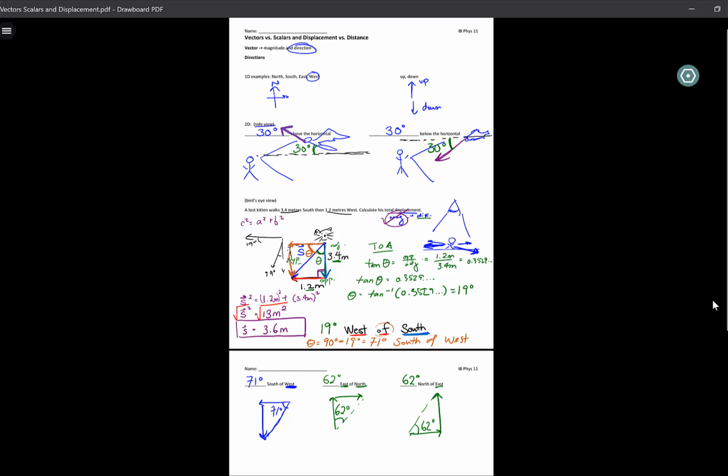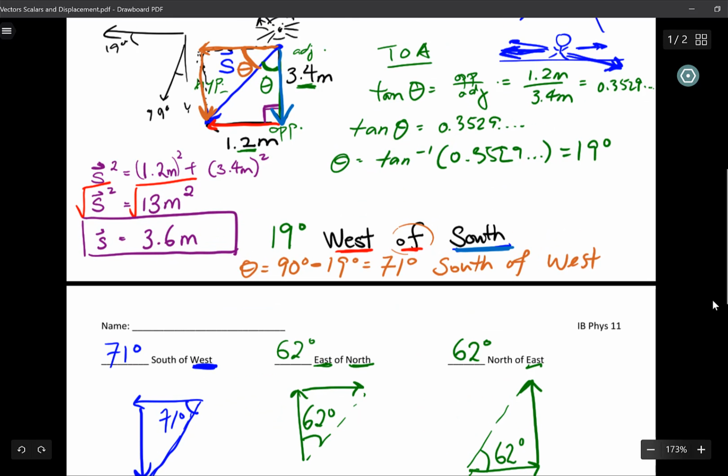The other one is looking at 2D, where the plane of movement is parallel with the ground. So what that means is your eyeball is in the sky and you look down at whatever is moving below you, and you're describing the motion in 2D north, south, east, west, but using an angle as well. Recap on using the angles, okay?